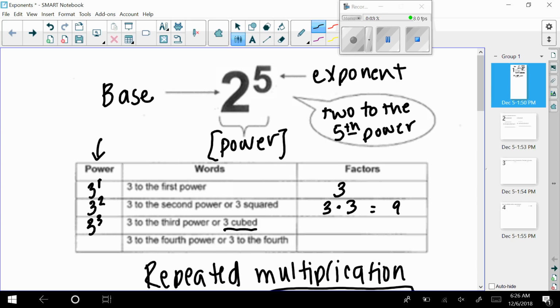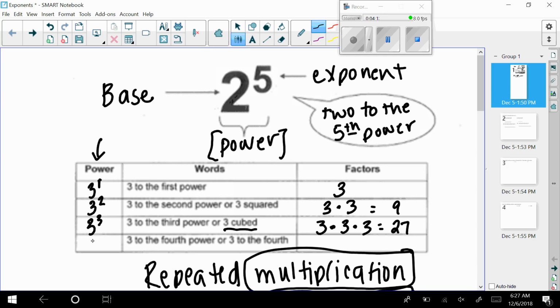Okay? 3 cubed is going to be 3 times 3 times 3. So, in order to do that, we would say 3 times 3 is 9, and 9 times 3 is 27. So do you see how it's getting bigger faster? I went from 9 to 27 just by adding one more 3. But because I'm multiplying, that's the key. You have to remember that exponent is repeated multiplication.